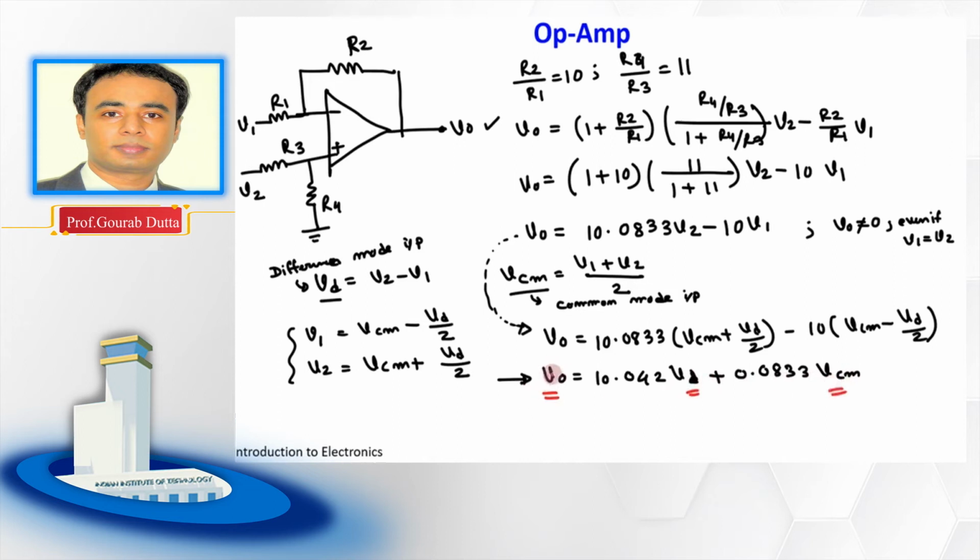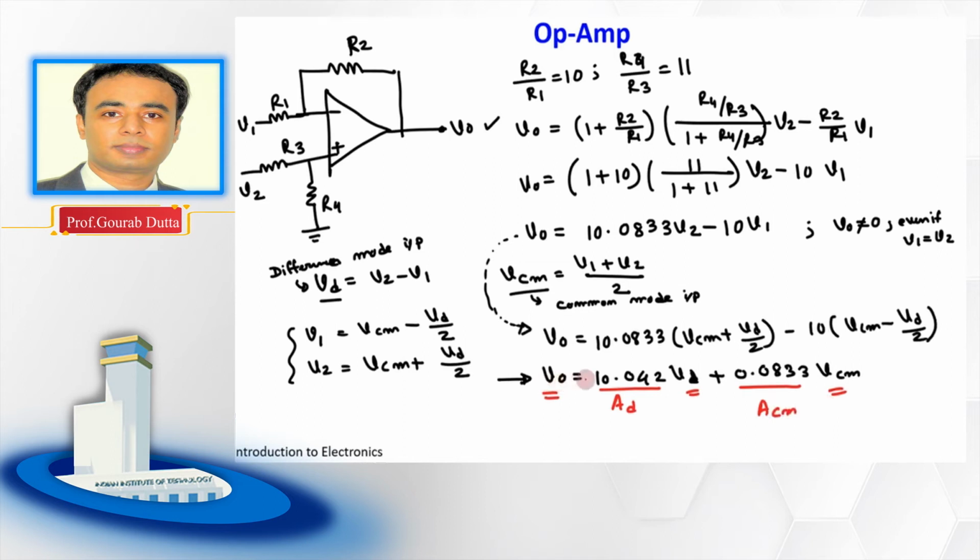So this output is equal to this difference mode gain into this difference mode input, right? Basically this value is nothing but the AD, the difference mode gain, and this value is nothing but the common mode gain, which is A of Cm, right?